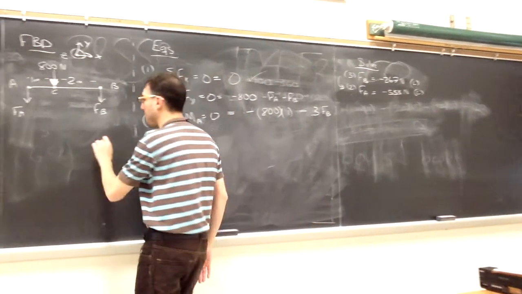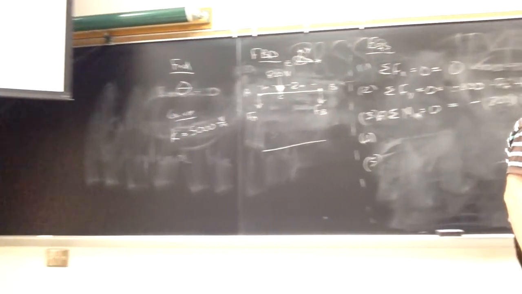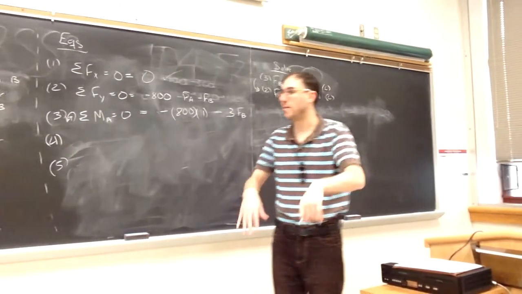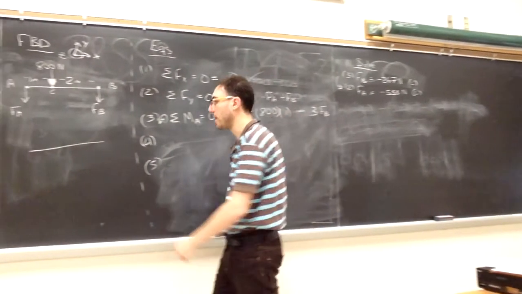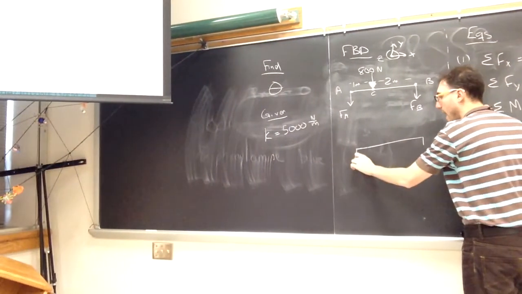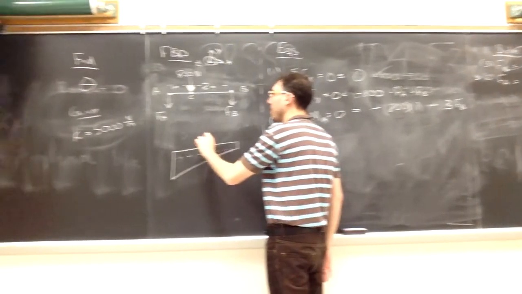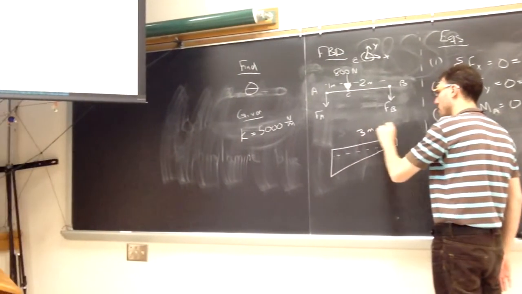So if I look at my picture of what's happening here, my beam is originally horizontal. I'm going to push down on it, so both springs do compress a certain amount, but A is going to compress more. So again, this beam is originally 3 meters long.